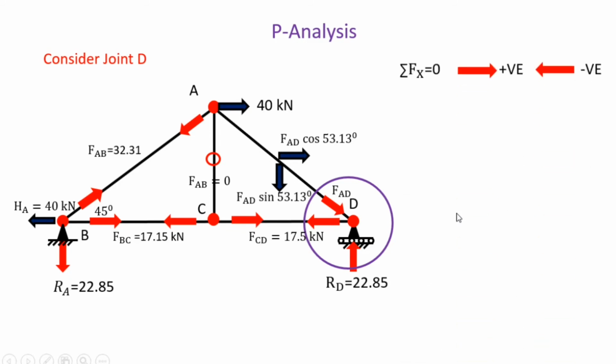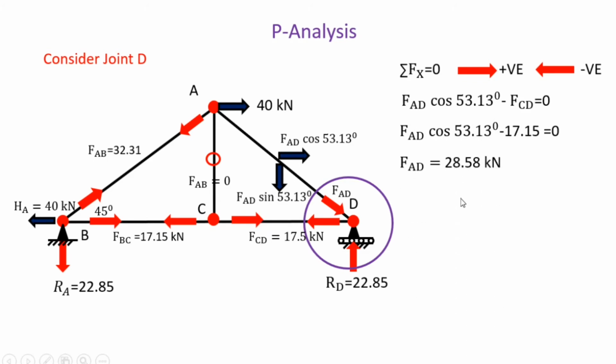Now we are applying the sigma Fx condition, towards right plus and towards left is minus. So FAD cos 53.13 is towards the right, that is why plus, and this FCD is minus. So put the value of FCD 17.15 in this equation. So we got FAD is equal to 28.58 kilonewton.